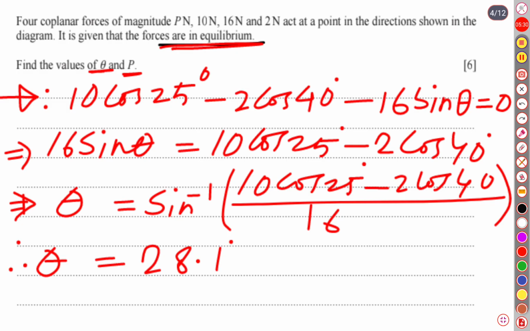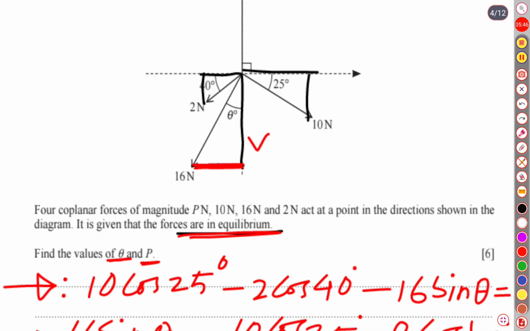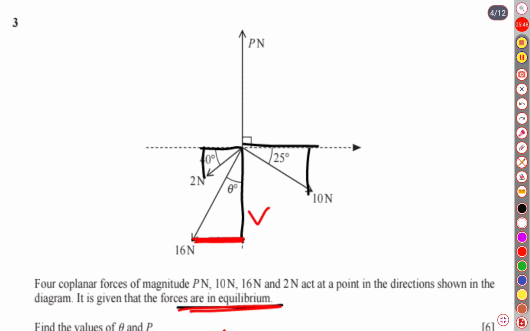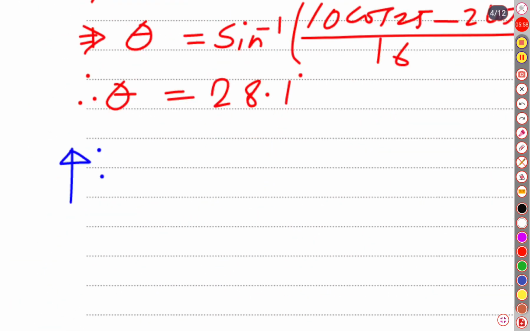For P, we can resolve the forces vertically. Let us see the diagram. Now we are going to resolve the forces vertically. Let us see which forces are acting vertically upward. There is no other force acting vertically upward except P, so P Newton is the upward force.